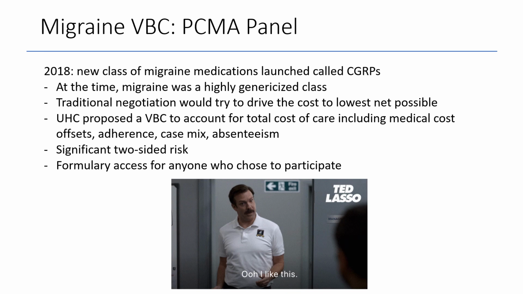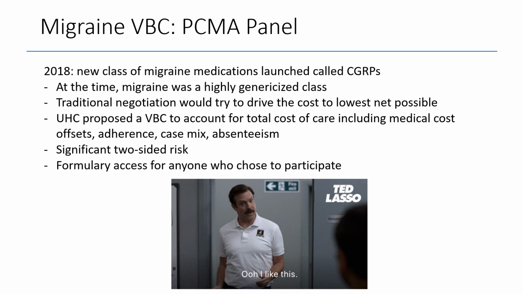This is a slide about the migraine VBC that we did at United Healthcare Optum, and we talked about it on a PCMA panel, so that's why I can talk about it here. In 2018, a new class of migraine medications were launched called CGRPs. Historically, for the treatment of migraines, there are a lot of generic mechanism of action drugs out there that are very cheap that you can try.